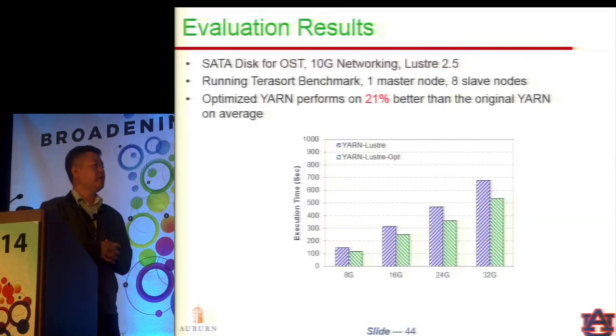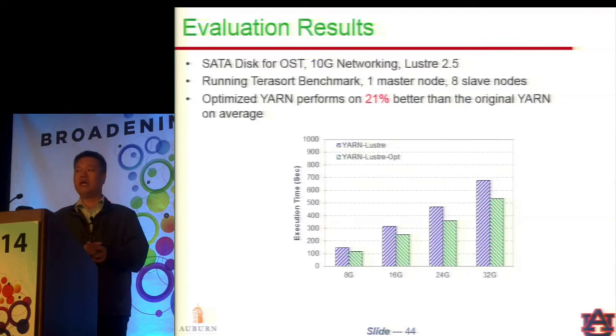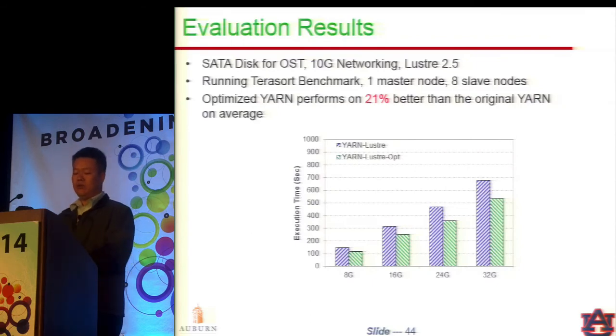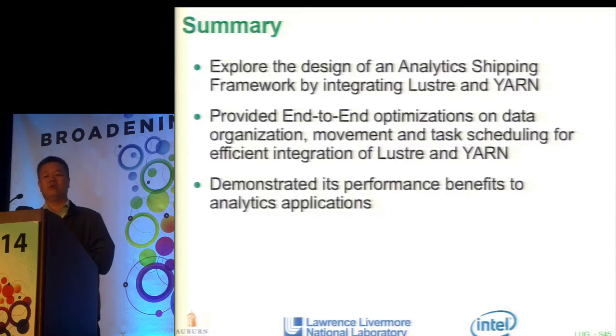As you can see, across TeraSort executions from 8 gigabytes all the way to 32 gigabytes, we see consistent improvement with our optimizations. And things are actually looking even better with the latest results, but this was 2 or 3 weeks ago's work.